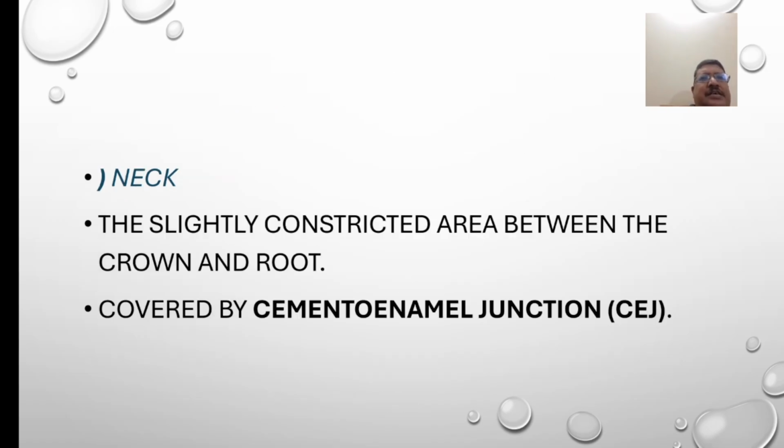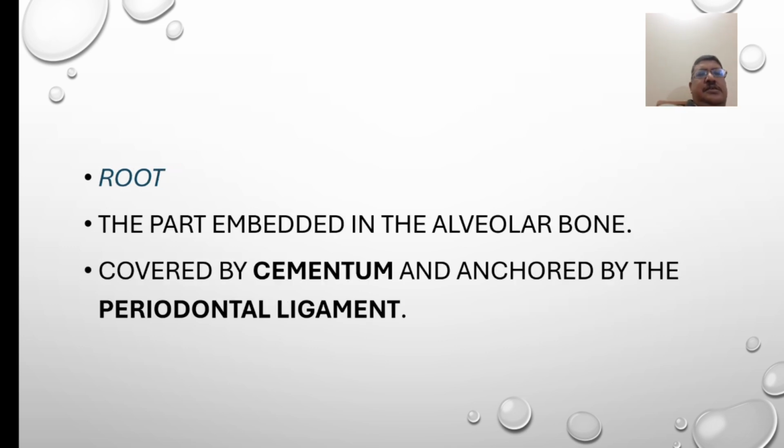Neck: the slightly constricted area between the crown and root, at the cemento-enamel junction, that is CEJ. Root: the part embedded in the alveolar bone, covered by cementum and anchored by the periodontal ligament.